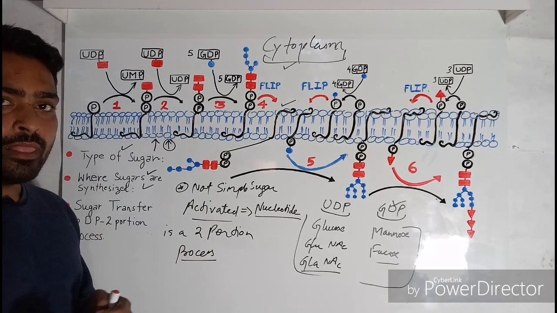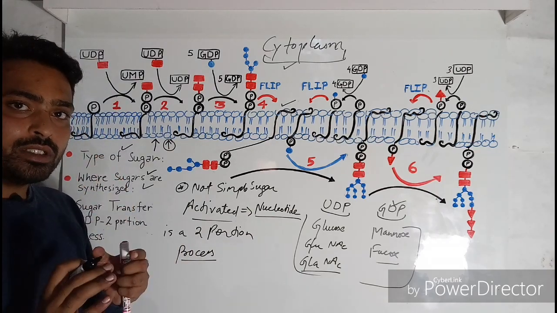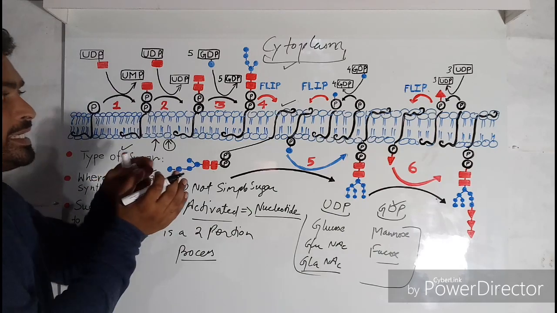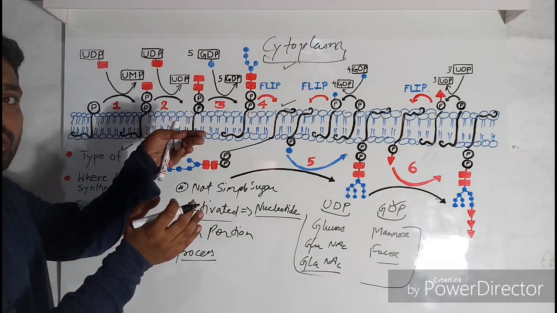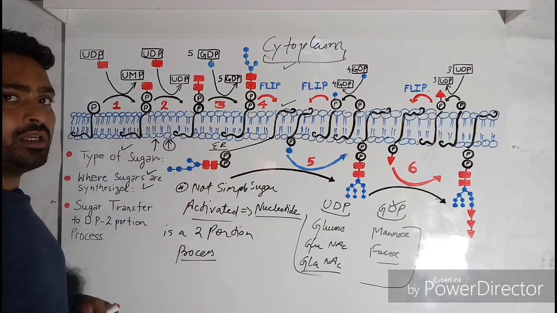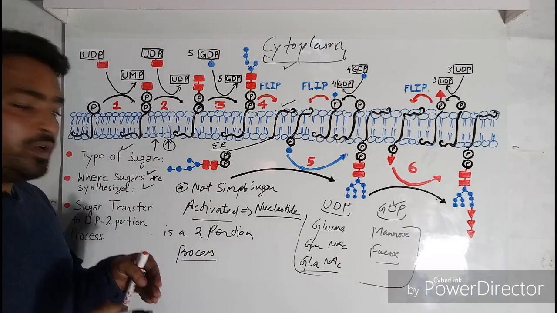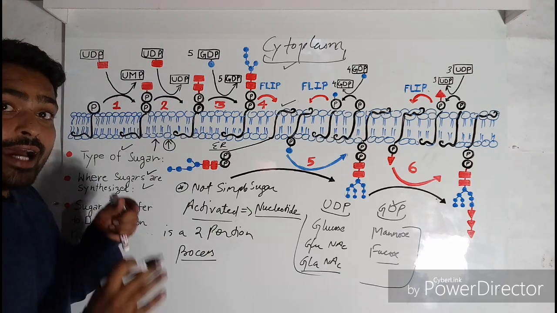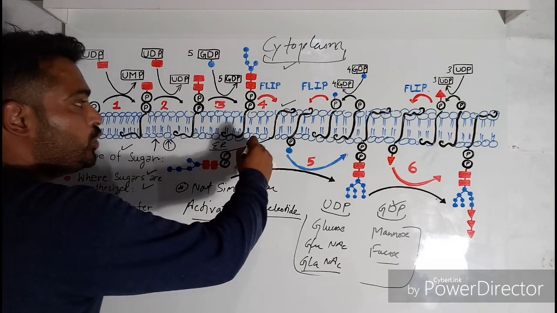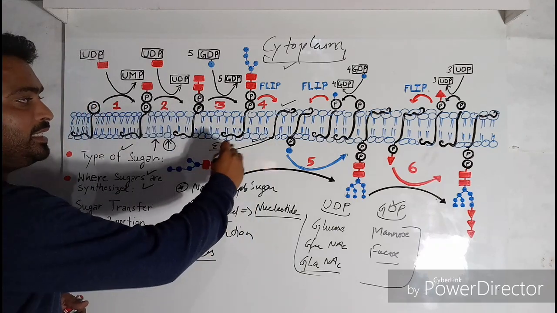That means half of the sugars are added to the Dolichol phosphate on the cytosolic phase of the ER, and the other half are added when it is present on the luminal phase of the ER.